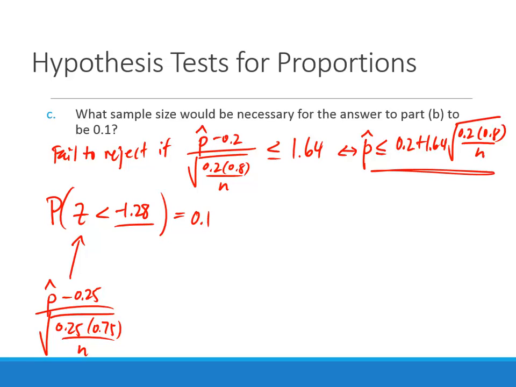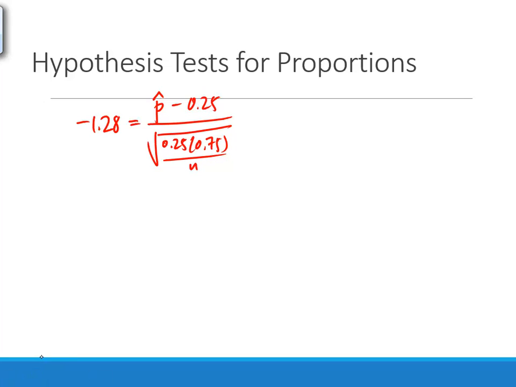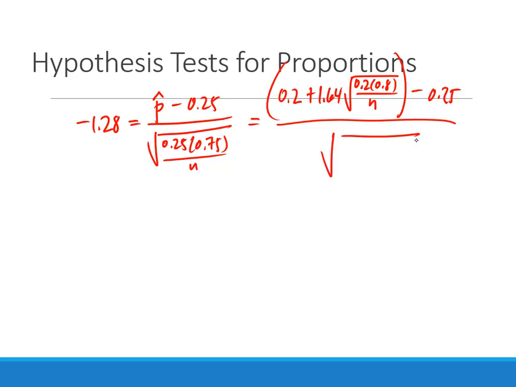So we can take that and plug it into this next formula. We plug in the endpoint there, so 0.2 plus 1.64 times the square root of 0.2 times 0.8 divided by n, minus 0.25.